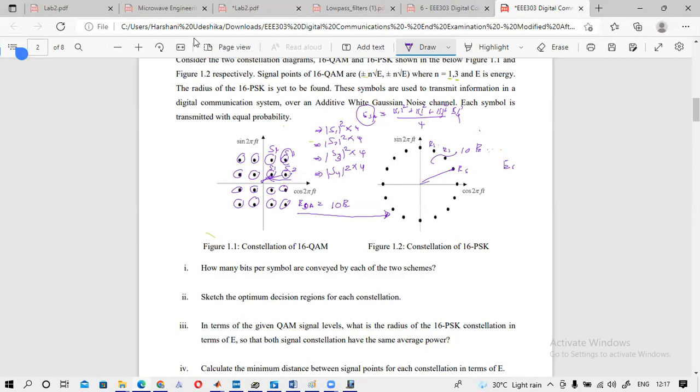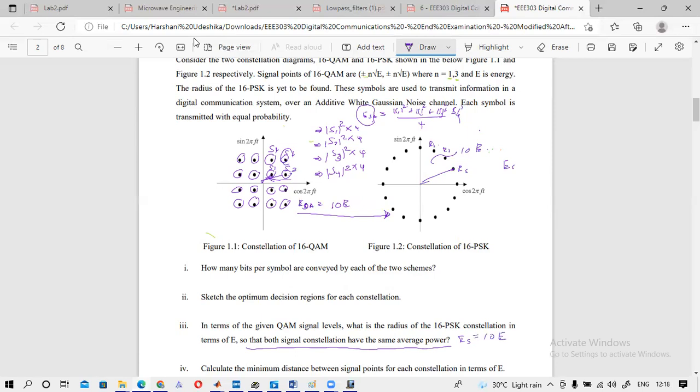That means the energy of one symbol should be 10E as given here. So the energy of a symbol of this 16 PSK constellation is equal to 10E.